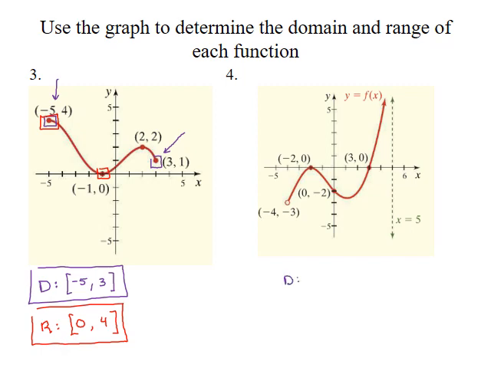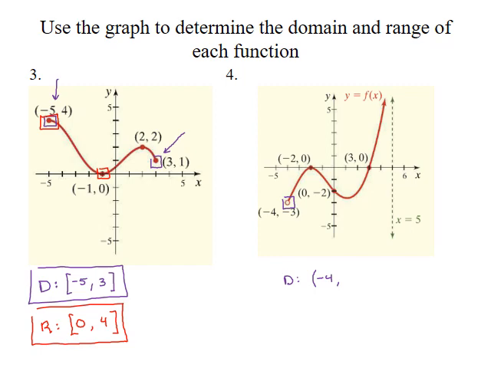So the domain, look left and right. The furthest left this graph goes is the first point, (-4, -3). So I use the x value of -4, but I have to use a parenthesis because it is an open circle. Now here's where it's tricky.